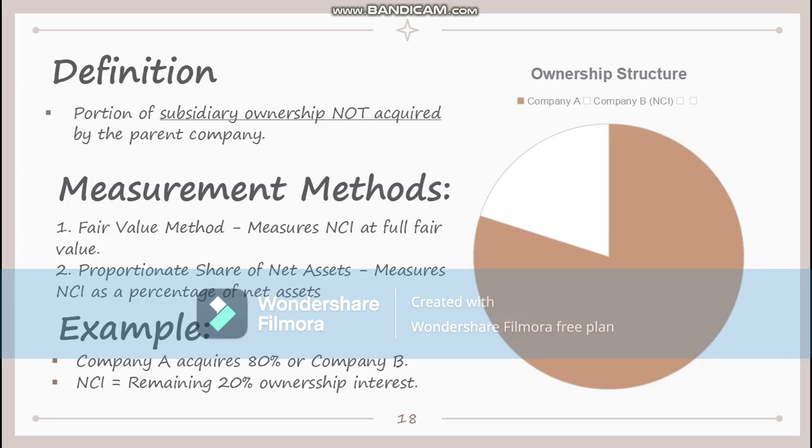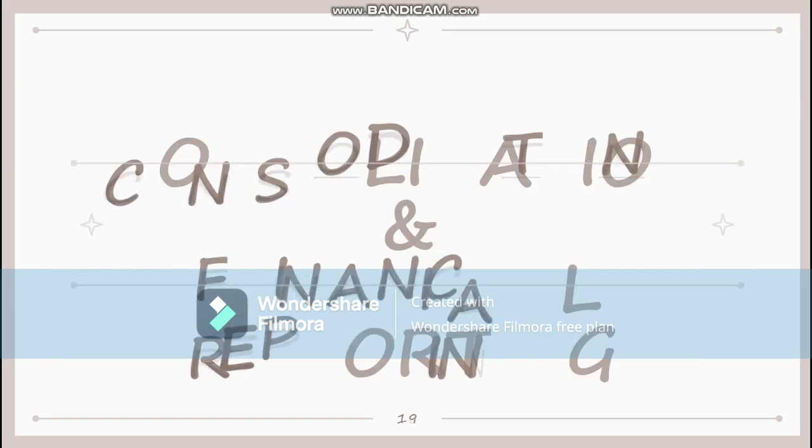This choice can influence how investors and stakeholders view the company's financial position, since these reports combine the financial data of the parent company and its subsidiaries, giving a comprehensive picture of the company's operations. Understanding these methods is important for anyone involved in financial reporting and analysis.